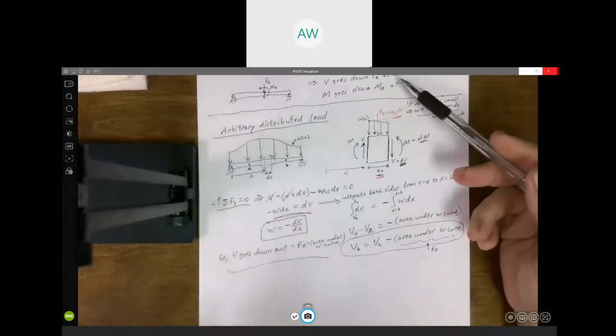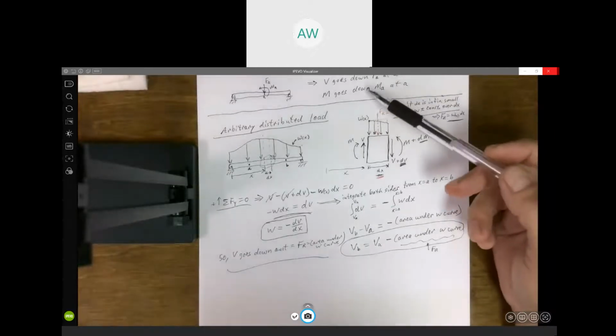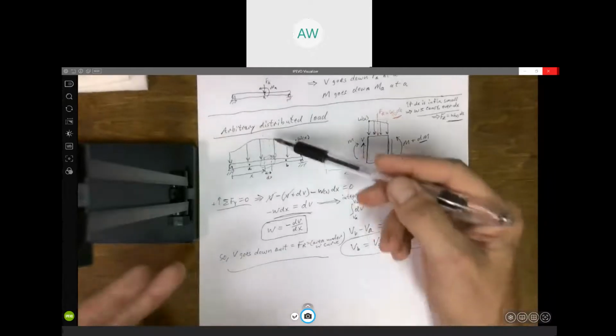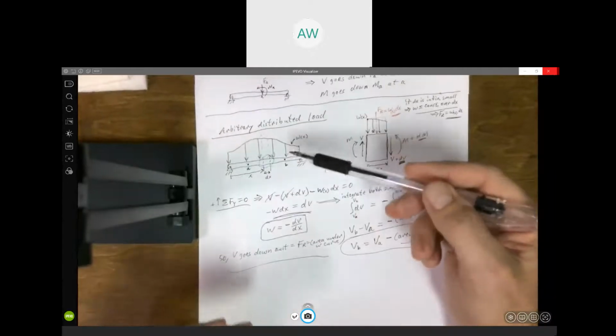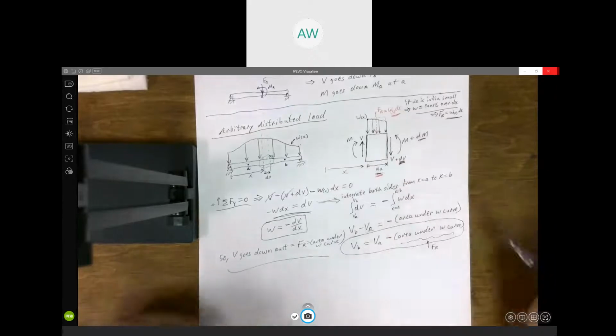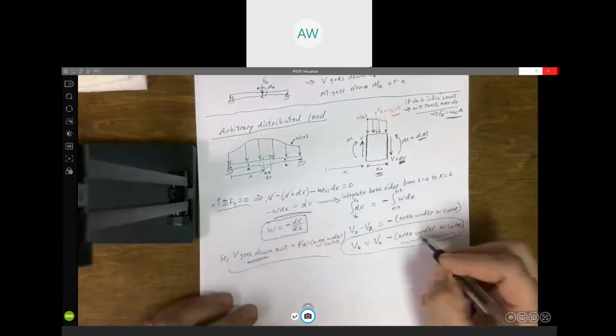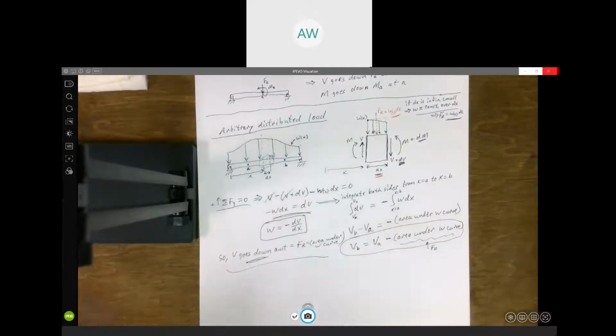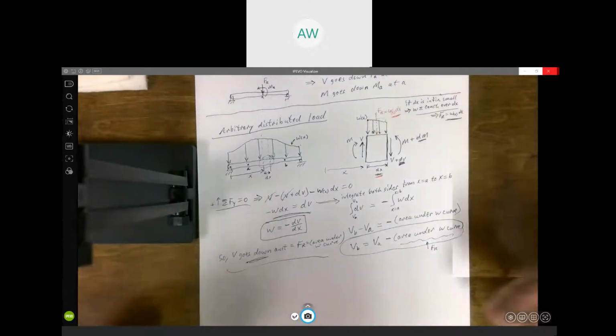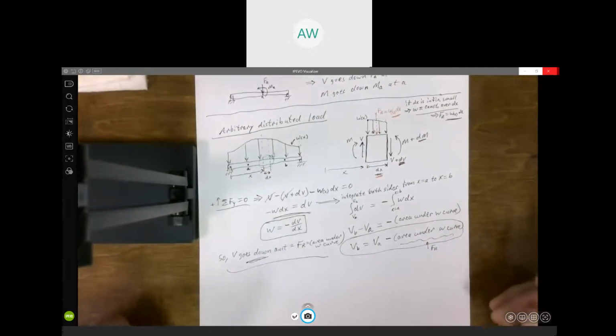And just like I mentioned previously with that concentrated force, what we just did, we had our distributed load acting down. And so it goes down. We're subtracting that. If our distributed load was directed upward, just like with the concentrated force, the opposite would happen. The shear force would go up, whatever that area is under the distributed load curve.